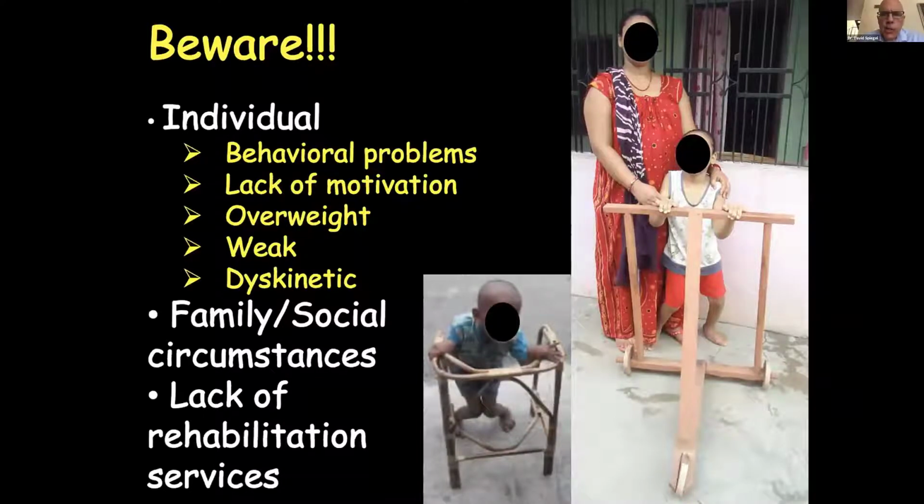The challenges that I've had over the years, I guess, one, we have to think about the individual patient. Some of the children will also have behavioral problems and issues that make it difficult for them to participate in rehabilitation, and we have to take note of that. Some patients may not be that motivated and may not want to get better.